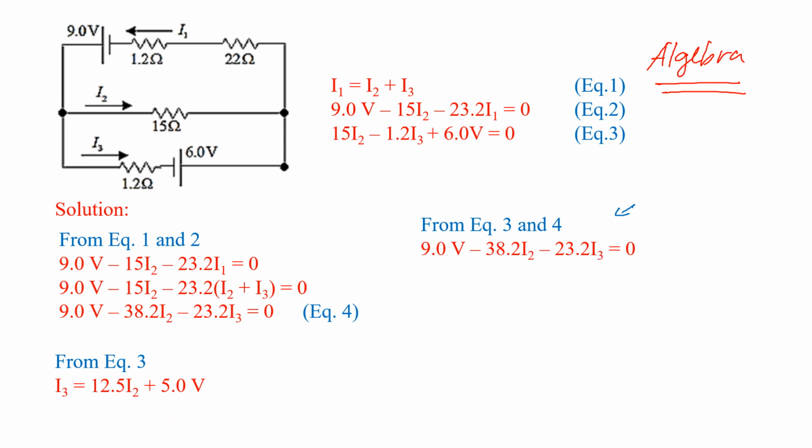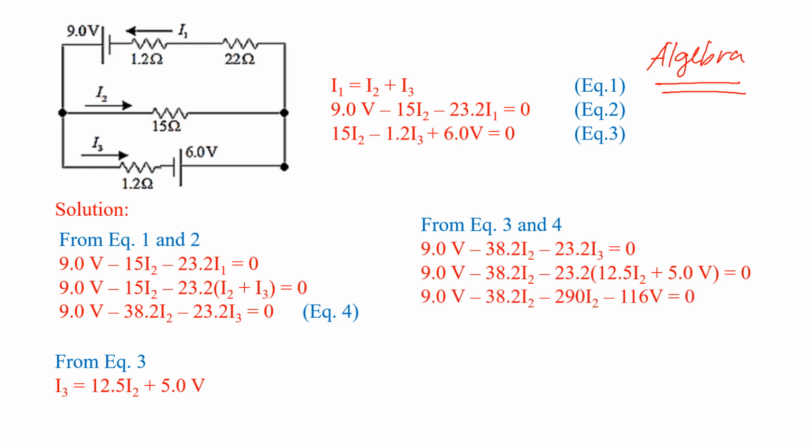Okay, so I'll be substituting that I3 in the equation, such that you have 9 volts minus 38.2 I2 minus 23.2 times your I3, which is 12.5 I2 plus 5 volts, and that's equal to 0. Simplifying further, you have this equation, and adding like terms, you have negative 107 volts minus 328.2 I2, that's equal to 0.